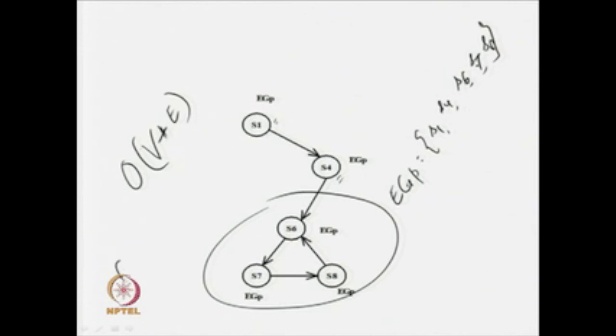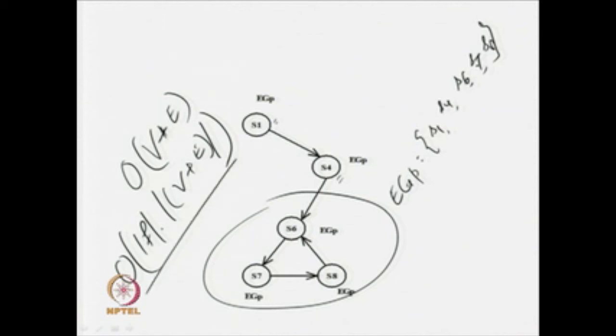So, in this case the time complexity of the model checking algorithm depends on the length of the formula and the size of the state space, or size of my graph. This is some sort of graph traversal algorithm. So, for EG P the complexity is linear on the length of the formula and linear on the size of my graph.